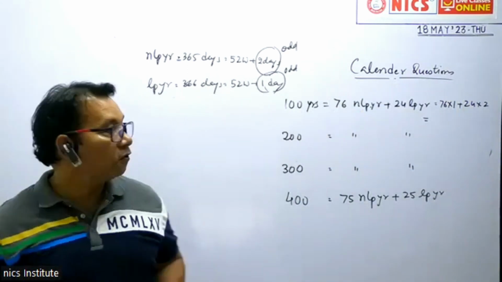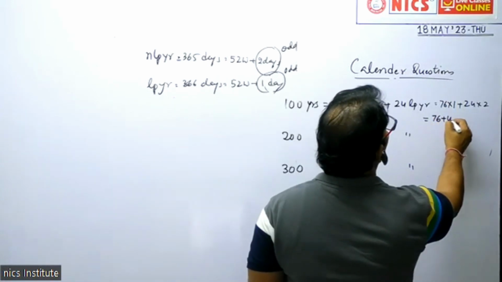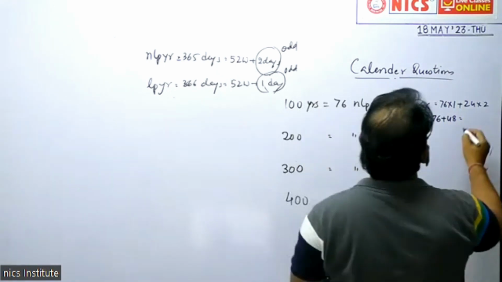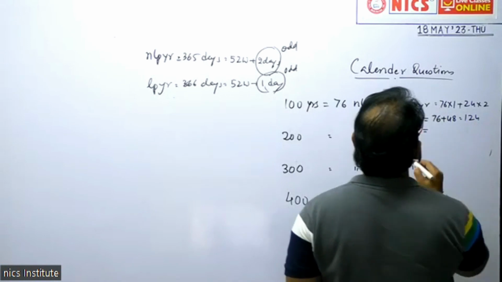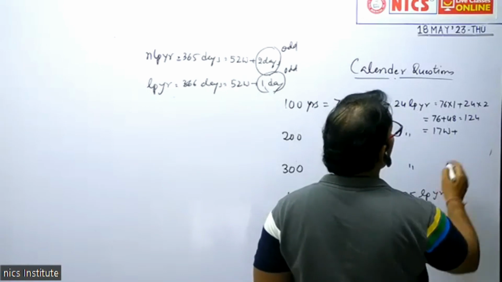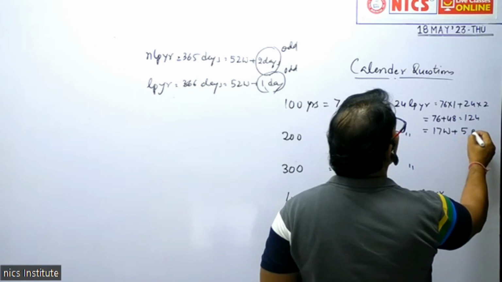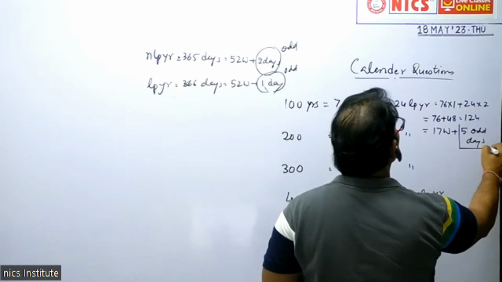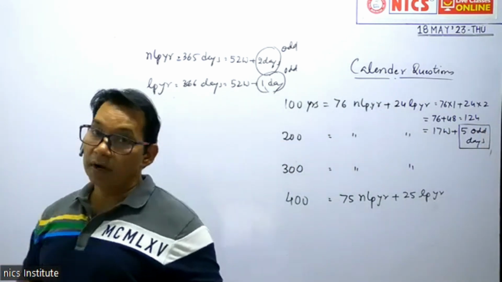So what is the total coming out to be? 76 plus 48, how much is this? 124. 124 means how many weeks? 17 weeks. And how many odd days? 5. So there are 5 odd days in the first century.